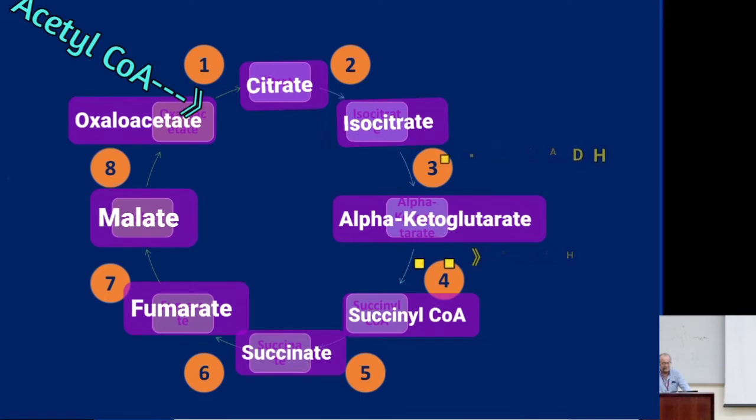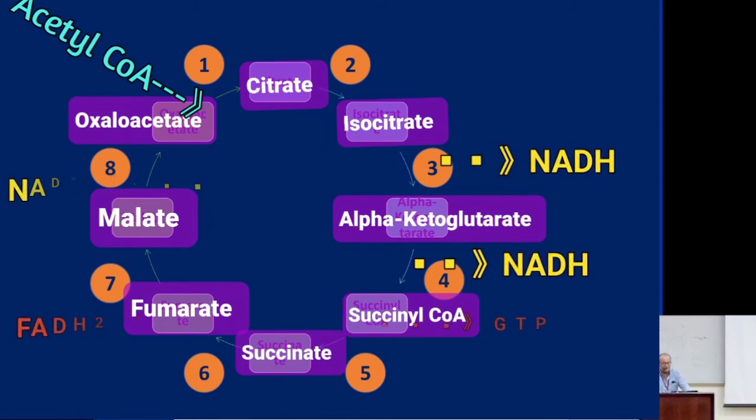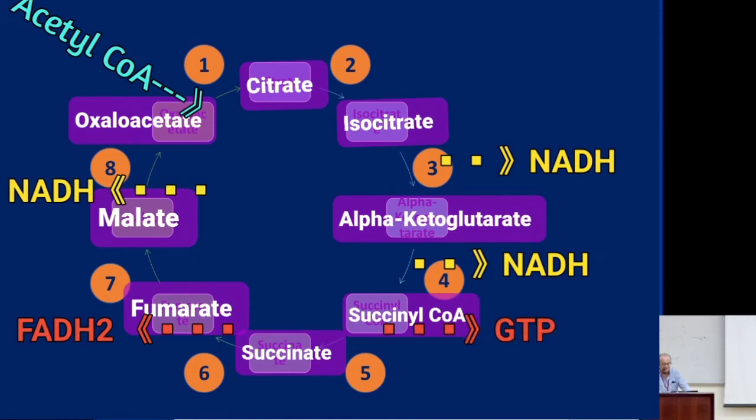So you have 3 steps that produce NADH, one that produces FADH2, and one that produces GTP. So you want to know the sequence, the name of the enzymes, but don't worry about the structures. So we'll go through each of these enzymes kind of quickly.